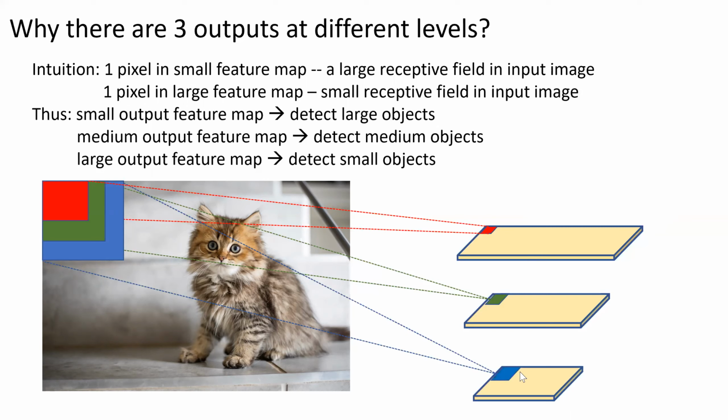So this one I have mentioned: one pixel actually corresponds to a receptive field in a raw image. So one pixel in a small feature map corresponds to a large receptive field in the input image. So a small feature map can detect large objects, while a large feature map can detect small objects.